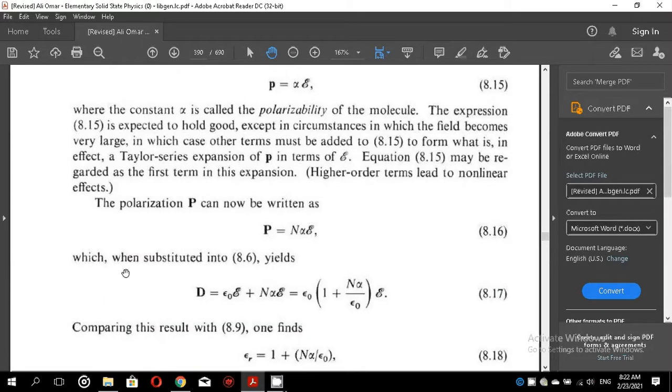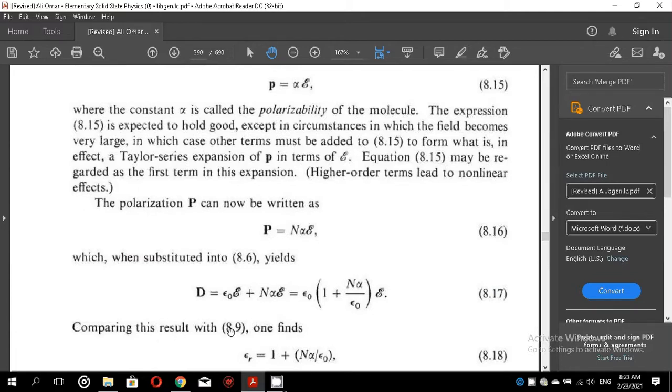Okay, so the polarization capital P is now defined by equation 8.16, equal to N into alpha into E, which when substituted in equation 8.6 yields the displacement vector equal to the expression given by equation 8.17.